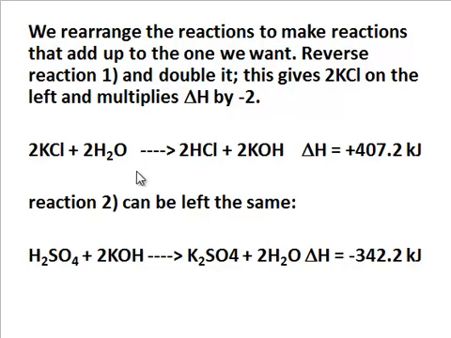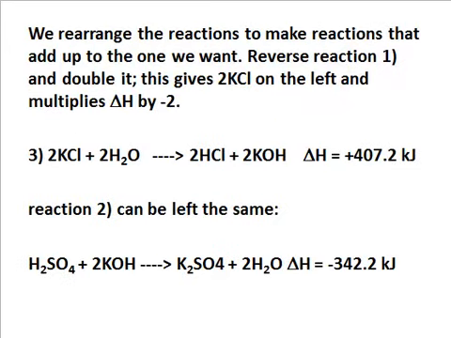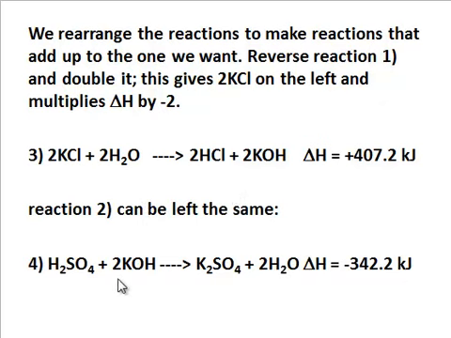And here is the resulting reaction, which, if you like, you can number as reaction 3. Reaction 2 can be left the same, except it can be numbered as reaction 4. Okay, so now I've written down reactions 3 and 4 and their values of delta H, the heats of reaction.